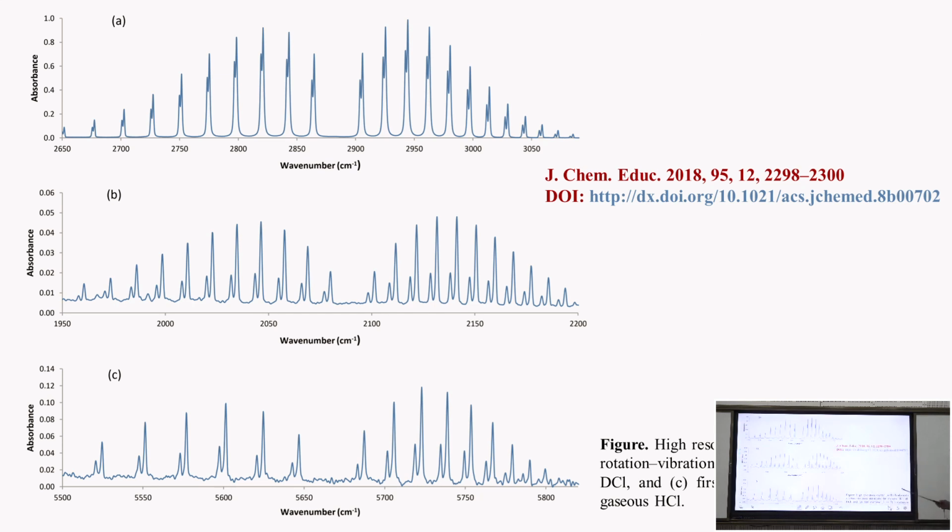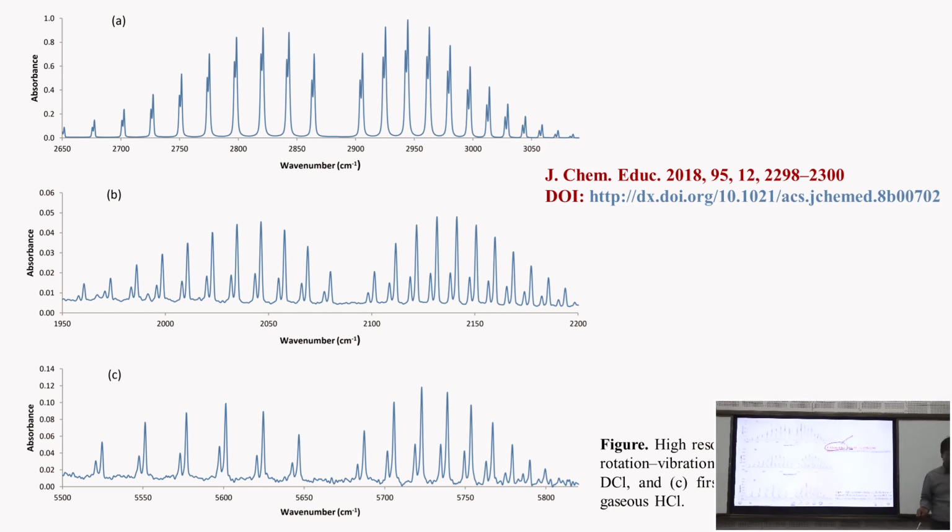So where is it published? It is published in the Journal of Chemical Education, 2018, very recent. This is a very popular journal, an ACS journal, mainly to educate students.